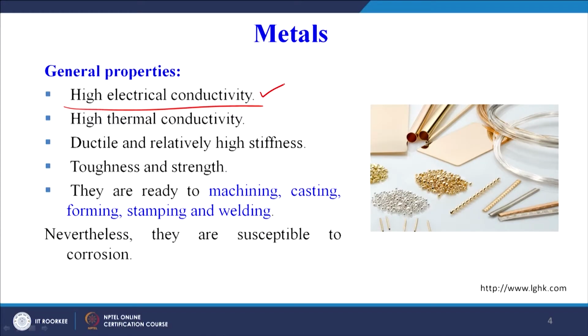General properties, as we have already seen in the previous slide, for metals is they have high electrical conductivity, high thermal conductivity, and we will see subsequently that these properties will help us to specify various applications for these materials. So, they are ductile. Now, we see that there is a combination of properties that will help us to realize the application for metals.